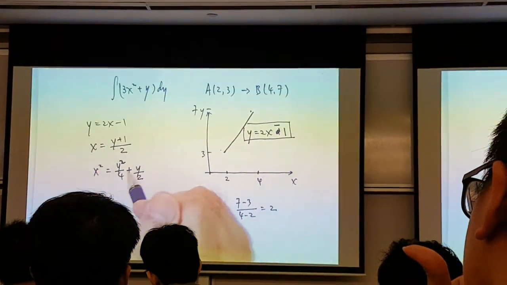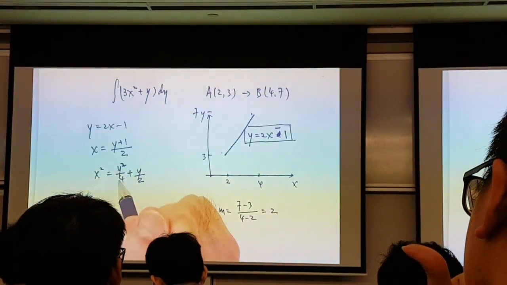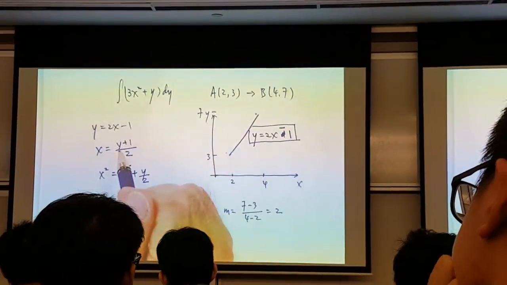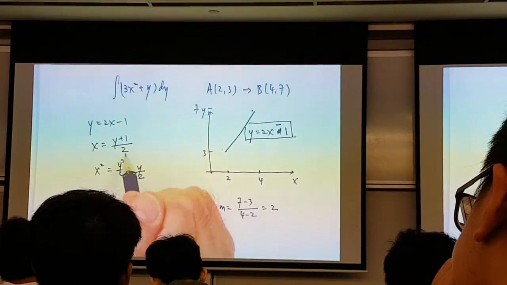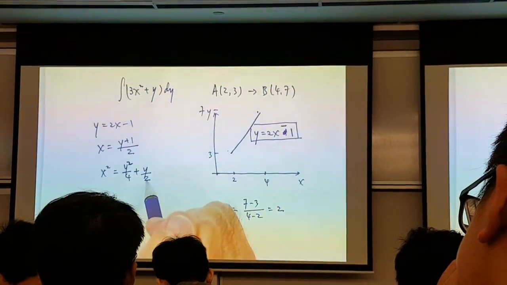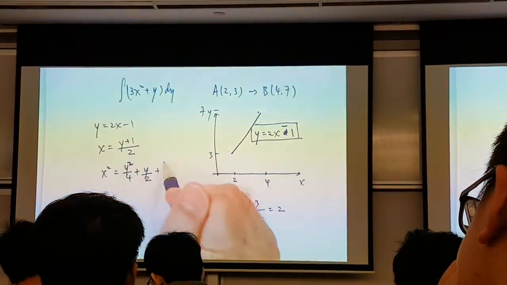Because when you square this, the y becomes y squared and the 2 becomes a 4, so 2y divided by 4 is y over 2, and then plus 1/4.